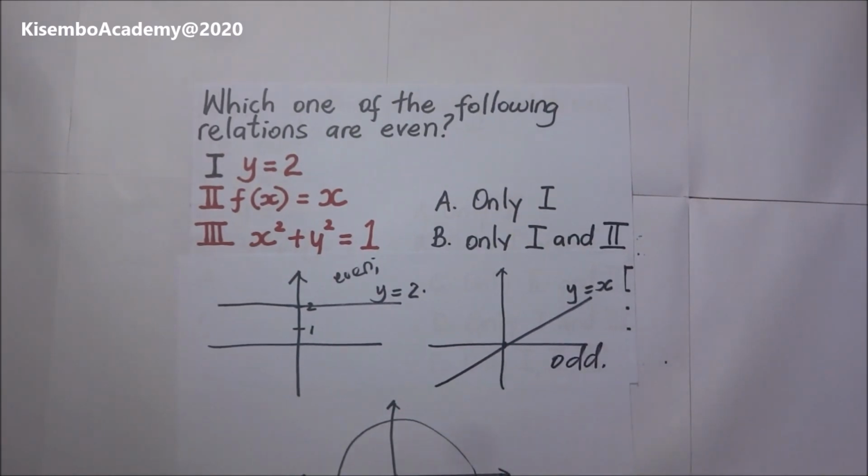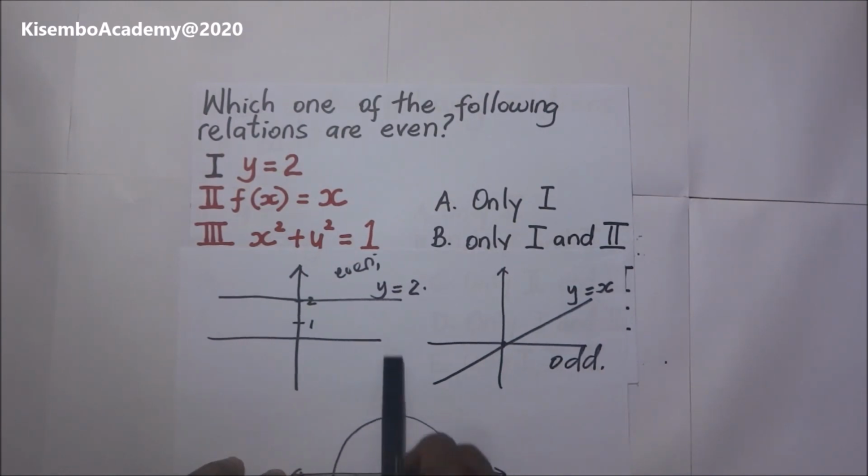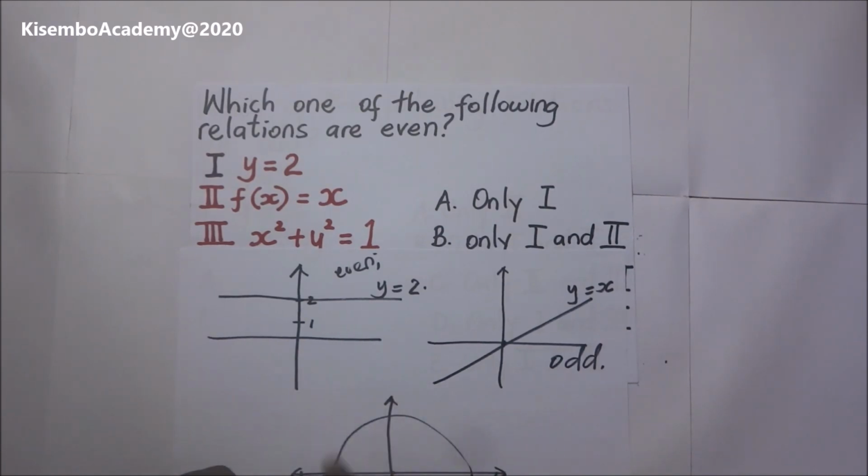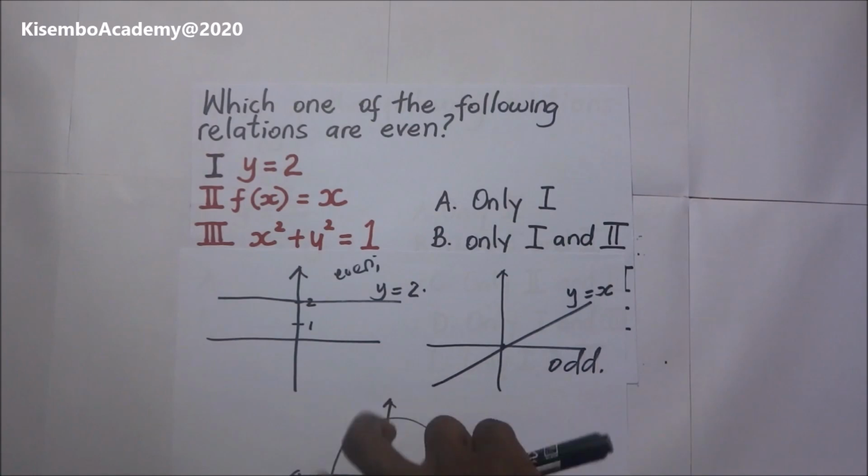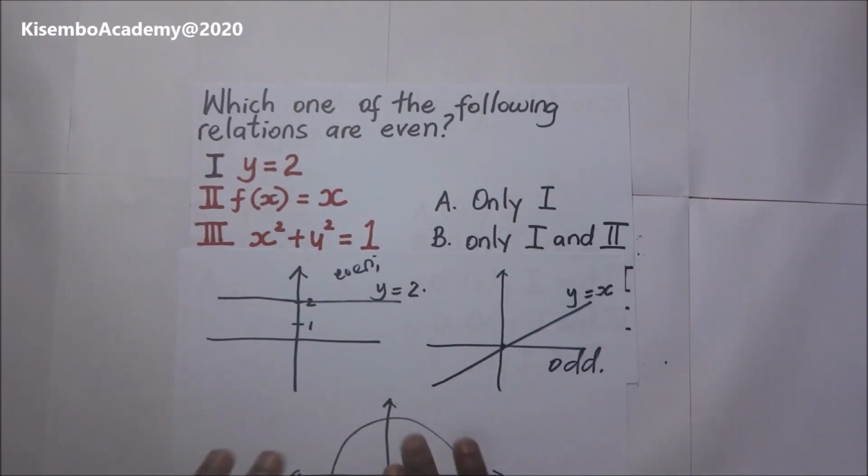Then if you look at this circle, first of all, it is symmetrical about the y-axis, mirrored this way. And also, if I rotate this about the origin by 180 degrees, you'd find that it will still look the same.